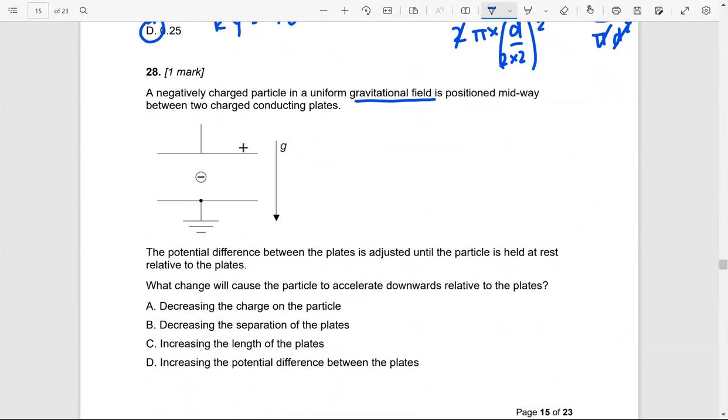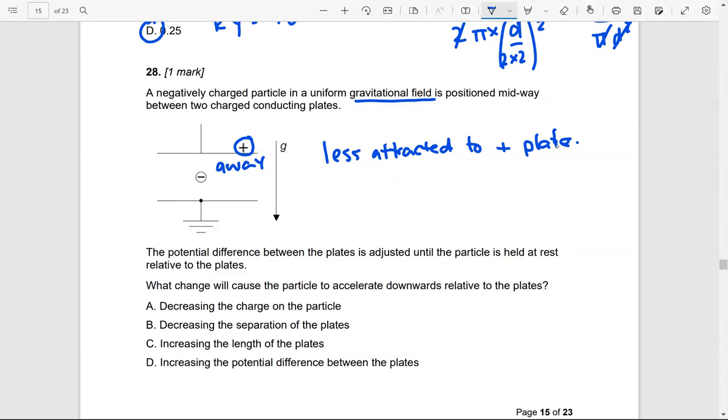Okay, so if we've got a negative charge in the middle of an electric field and we want it to move downwards, we want it to move away from the positive. So we want it to move away. So we want it to be less attracted to the positive plate.